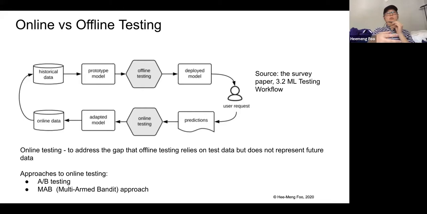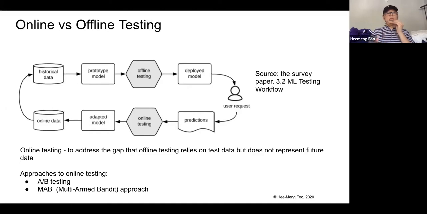And then you deploy the model. But this is all based on historical data, right? So once the model is deployed, you get more information, and that feeds into an online testing pipeline. And that's where the model gets refined as well.